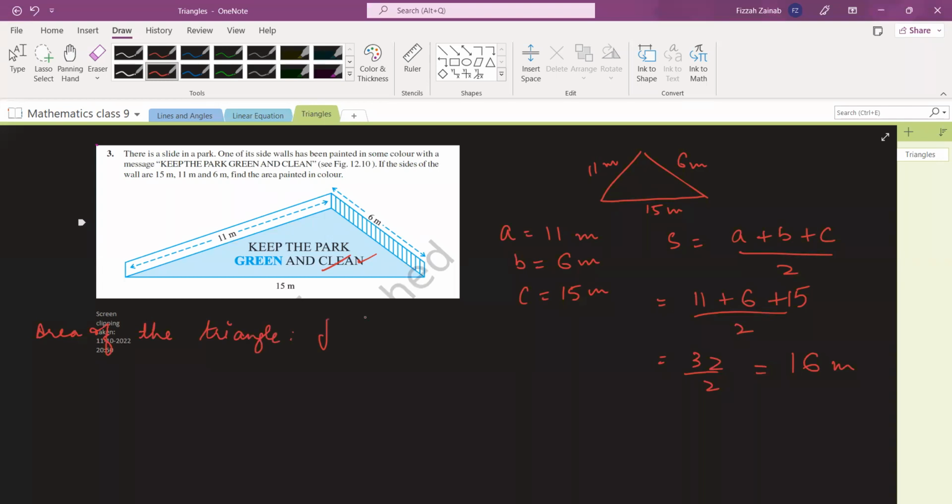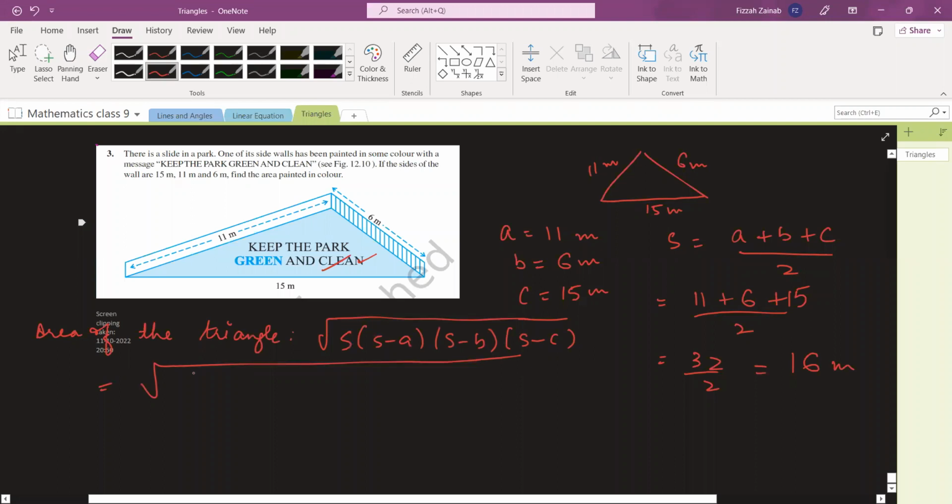From Heron's formula, it is the square root of S into S minus A into S minus B into S minus C. So S is how much? 16 meter, right? Or you can put the meter at the end.